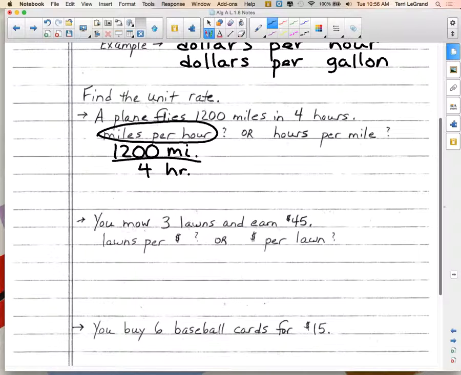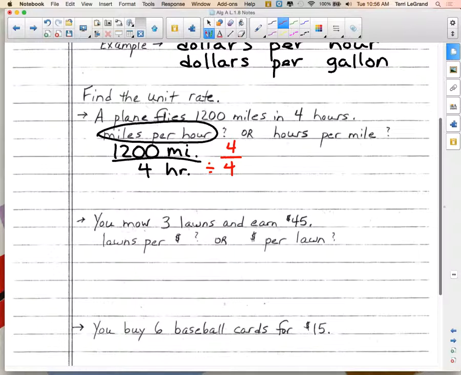Okay, now we have a fraction to simplify here. What do you think? They're both even numbers. I suppose we could start with 2, right? Should we try 4? Do you think 4 goes into 1,200? Yeah, because 12 is a multiple of 4, isn't it? 4, 8, 12. So let's divide by 4. Because we want a 1 downstairs, we're just going to make it happen.